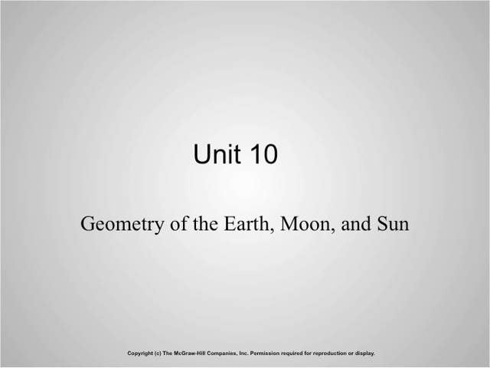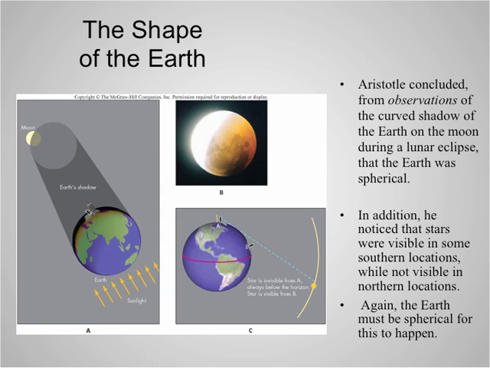Moving on, let's discuss the geometry of the Earth, Moon, and Sun. How did ancient people have any idea that we were standing on a sphere when we were standing on the Earth? It turns out that they did have an idea.